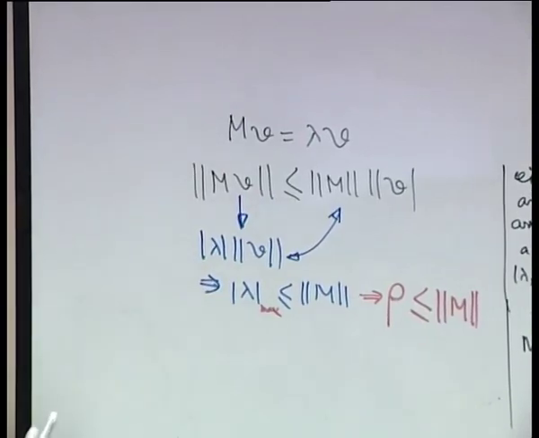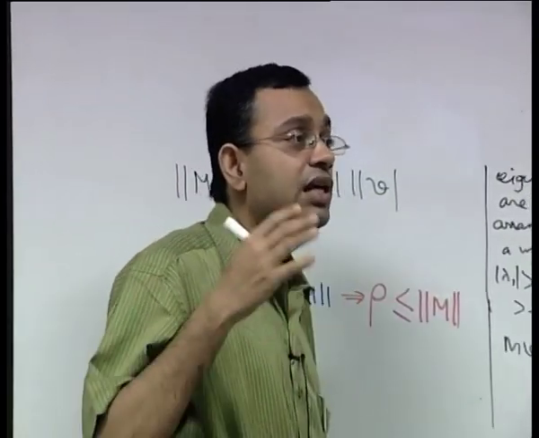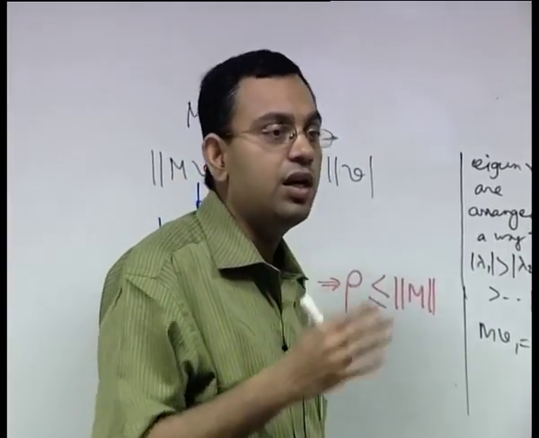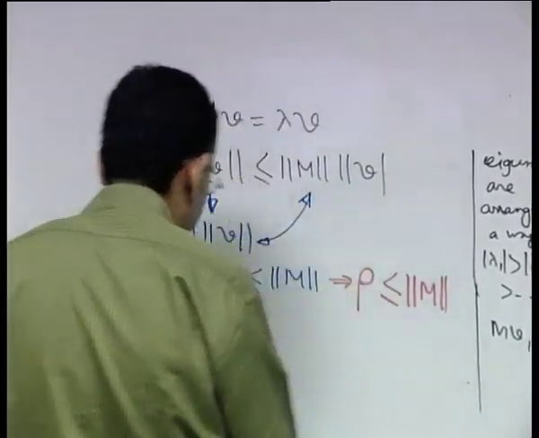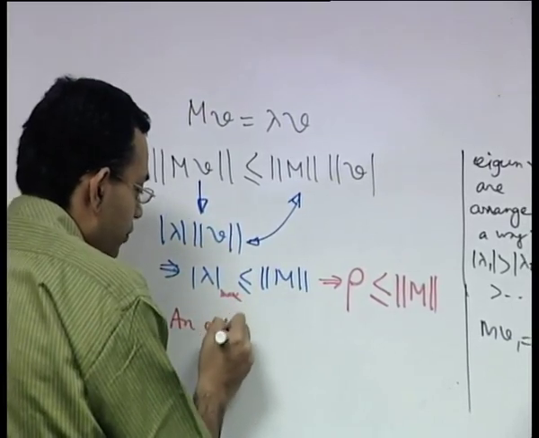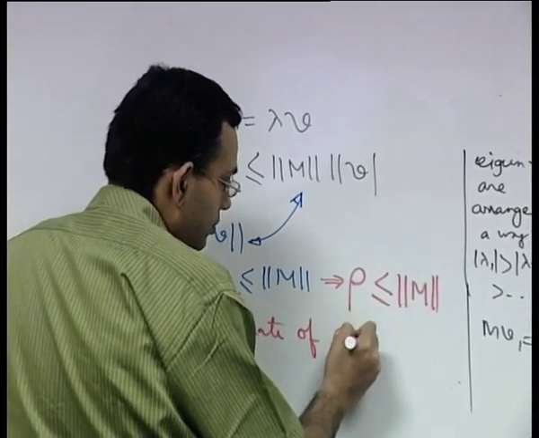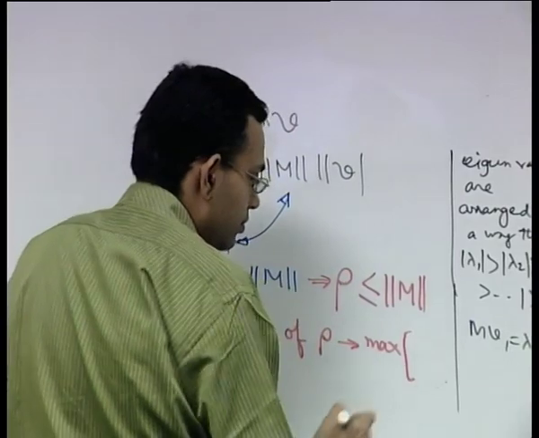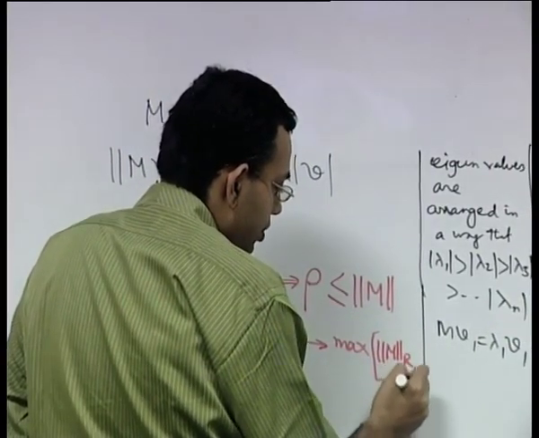Some of the norms which are easy to calculate are the first norm and the infinity norm, that is, the column sum norm and the row sum norm. So a conservative estimate of rho is given by the maximum of the row sum norm and the column sum norm.